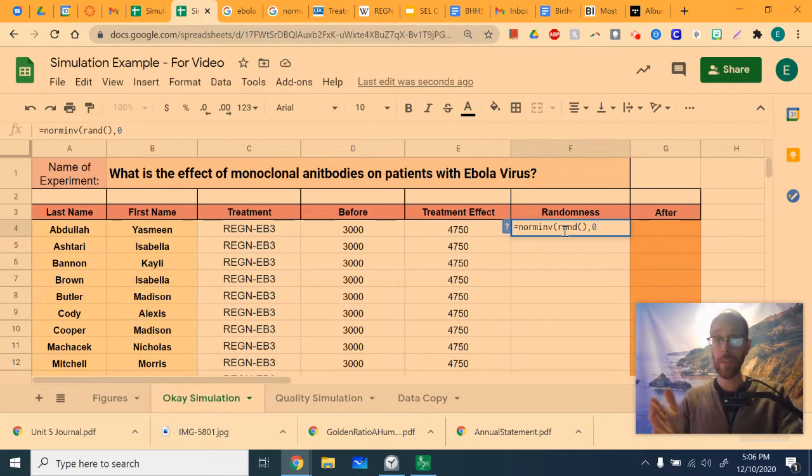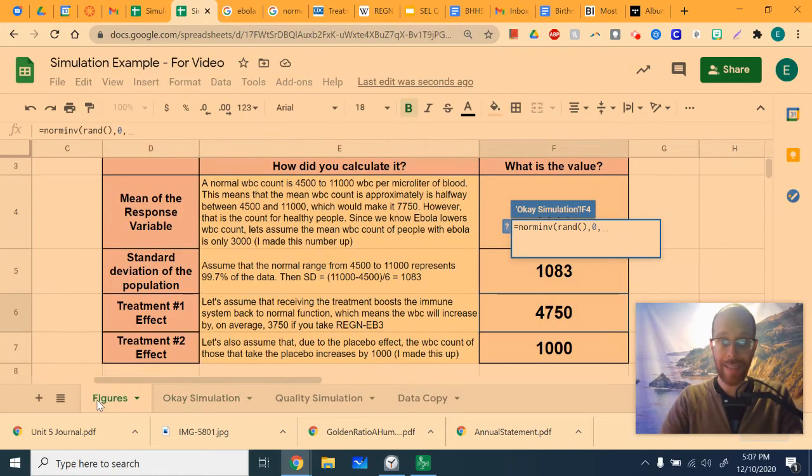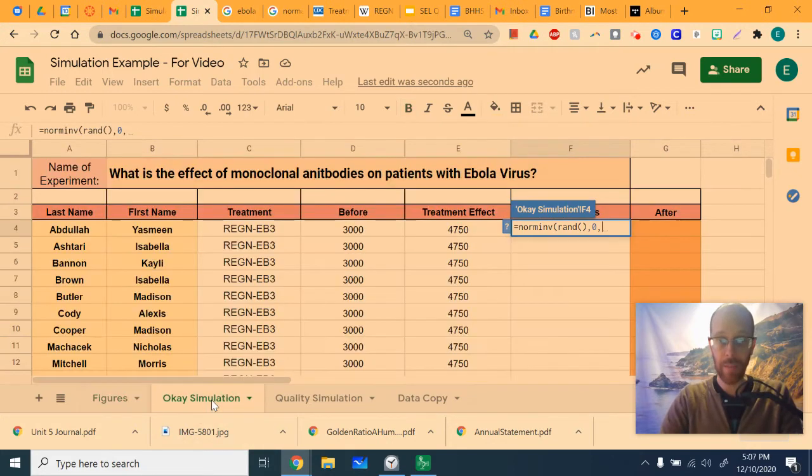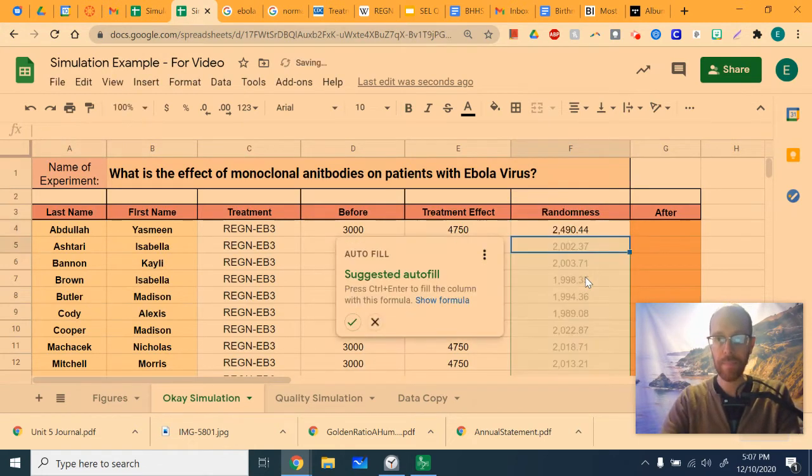The mean is going to be 0, meaning that some of us are going to get extra white blood cells by randomness, and some of us are going to get fewer white blood cells by randomness. The standard deviation will be the number that you selected here. I selected 1,083 as my standard deviation, so that's what I need to put in this position.